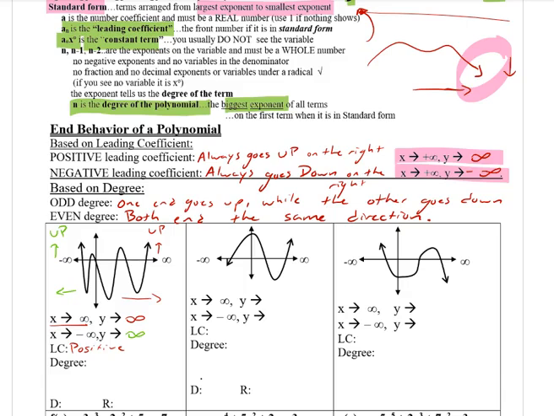Now for the degree, it wants you to list if it's odd or even degree, and what the degree is, what's the least possible degree. So first, because they're both going the same way, they're both going up at the end, that's going to make it even. Now for the highest degree, we can count lines, and each line is going to be adding a degree.